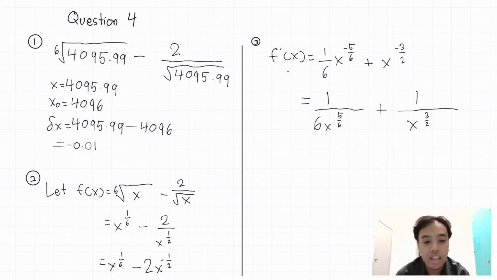Step number 2, let f(x) equal to the 6th root of x minus 2 over square root of x. And we change the form, and we get x to the power of 1 over 6 minus 2x to the power of negative 1 over 2.